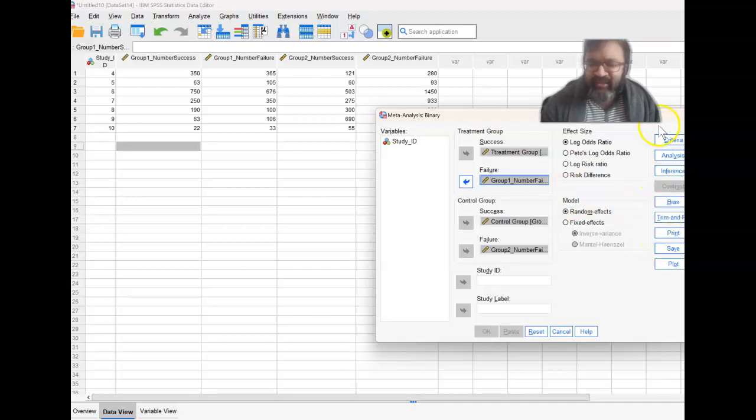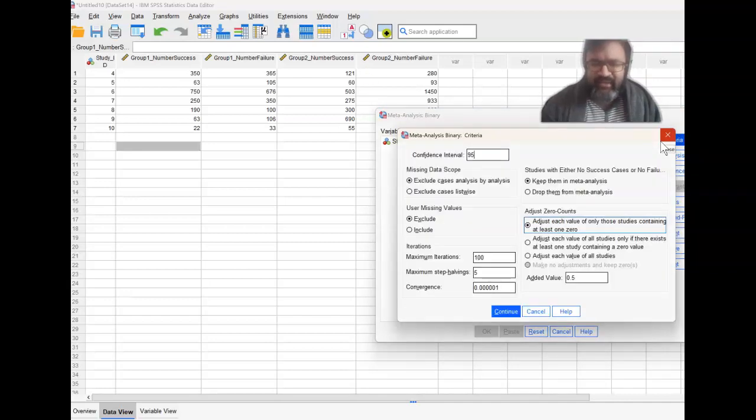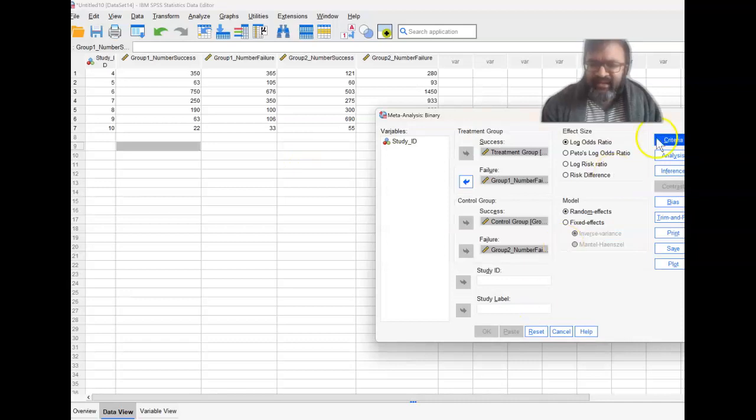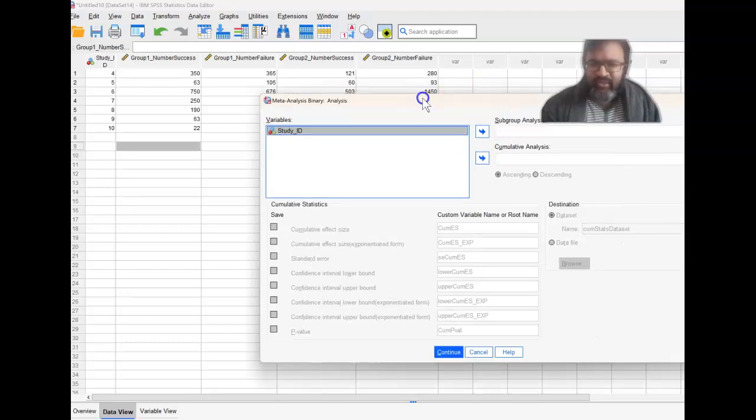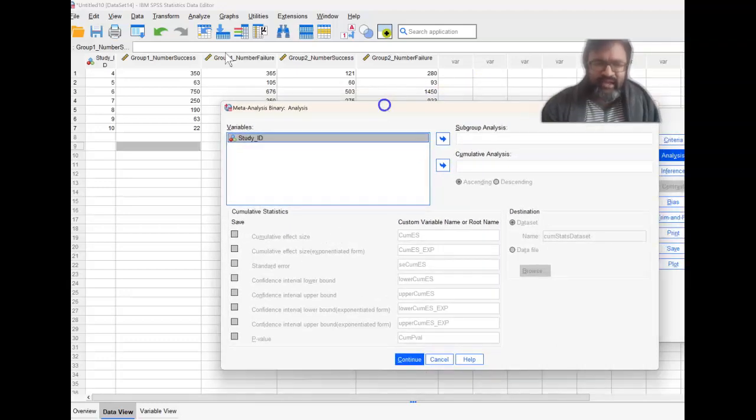So let's take a look at some of these menu items over here. There's a lot of different things that you can actually include in here. Let's cancel that. The analysis you can complete, and here's the variable names, and you can do a subgroup analysis where you're looking at, for instance, males versus females, or some of the other areas.